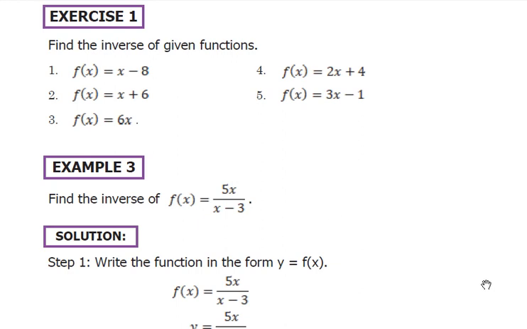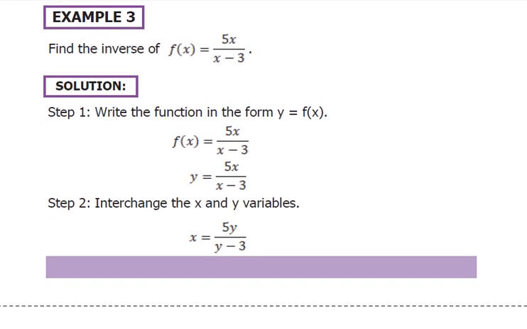Moving on to example 3, we have a more complicated expression than examples 1 and 2. So find the inverse of f of x equals 5x over x minus 3. This time we have a rational function. Rational in the sense that we have a numerator and a denominator.